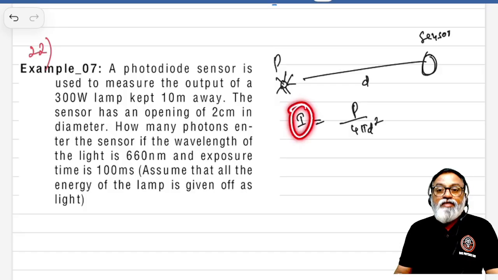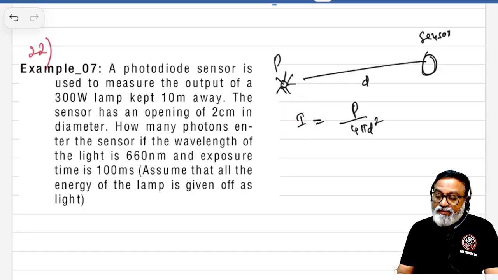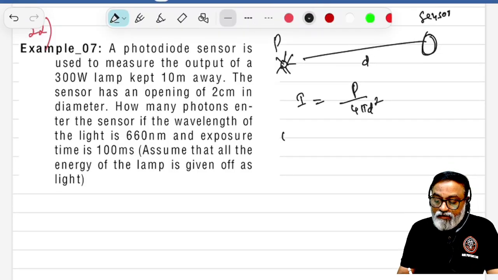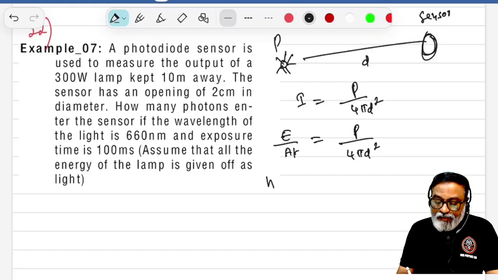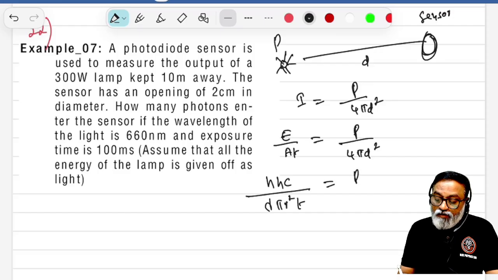Here this intensity means energy received by this sensor per unit area in unit time, that is nothing but E by A into T. This energy means the number of photons received by this sensor, that I am taking N h nu. h nu means hc by lambda. A means area of the sensor, pi r square, into T, equals P by 4 pi d square.